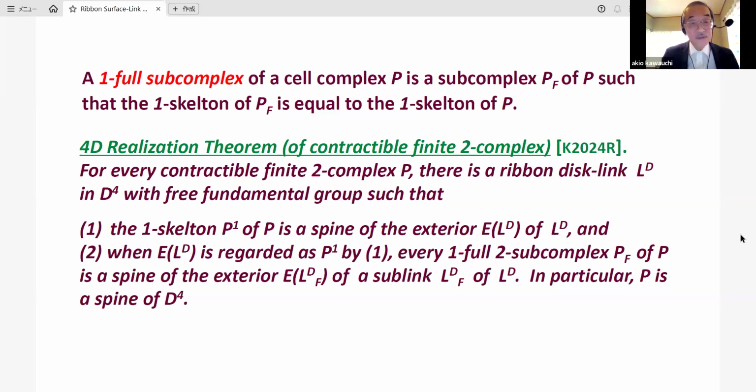For every contractible finite two-complex P, there is a ribbon disk link L_D in D^4 with free fundamental group, such that the one-skeleton P^1 of P is a spine of the exterior of L_D, and when the exterior of L_D is regarded as P^1, the one-skeleton of P, every one-full two-subcomplex P_F of P is a spine of the exterior of a sublink L_DF of L. In particular, P is a spine of D^4.